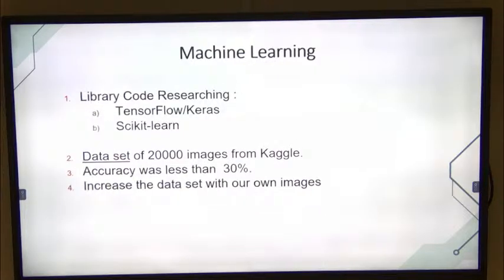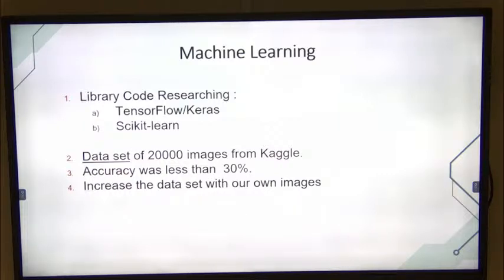In this case, we also start doing the machine learning. We started researching this recently, so it's not completed, but we are progressing in that area. We use TensorFlow, Keras, and scikit-learn to split the data.